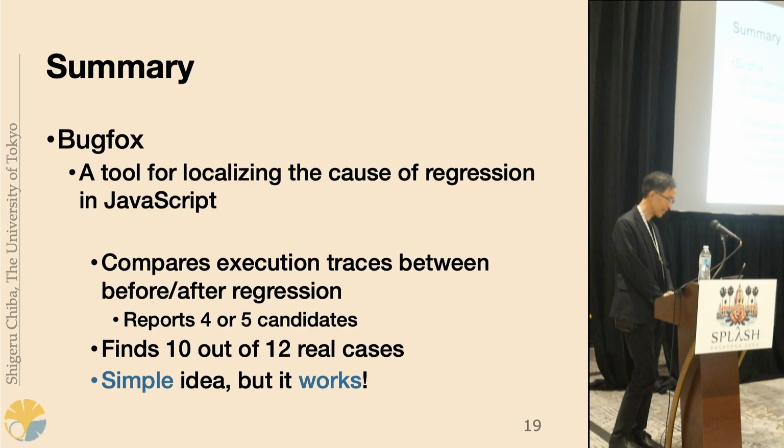Bugfox reports 4 or 5 candidates, and it finds 10 out of the 12 real regression cases we extracted from the BugsJS dataset, which was originally extracted from real GitHub repositories. It's a simple idea, but I believe I could say it works. That's all. Thank you very much.